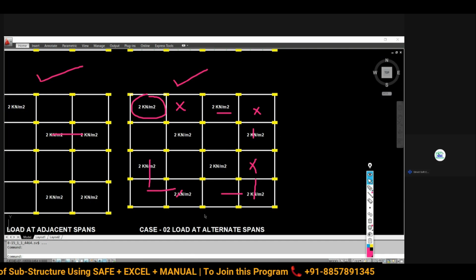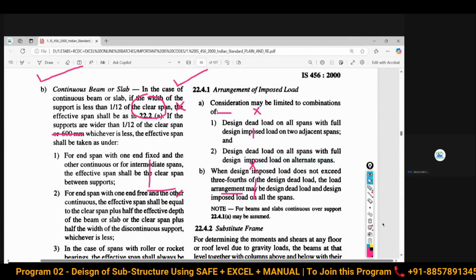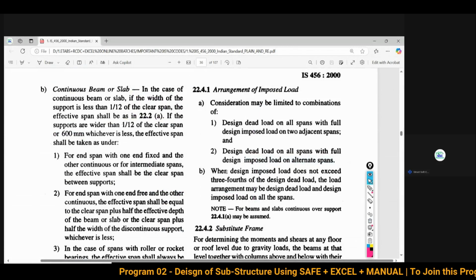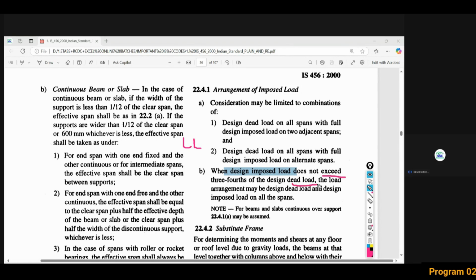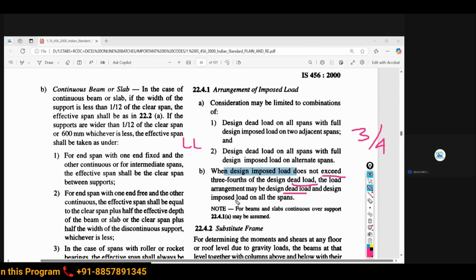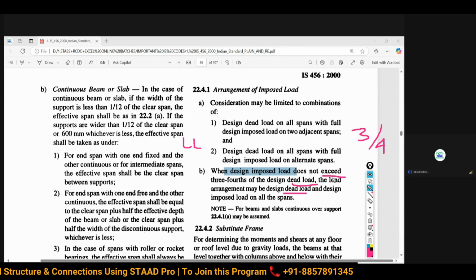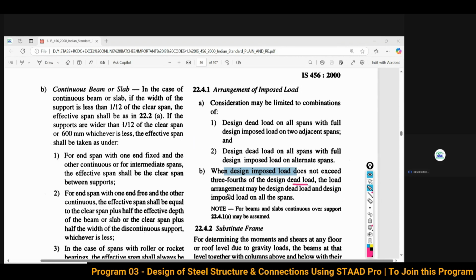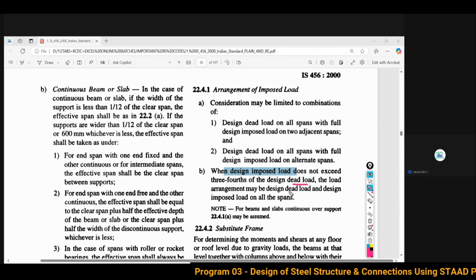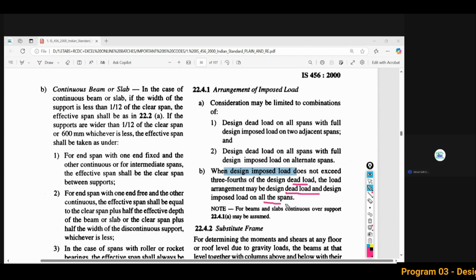Now look at the third recommendation. When the design imposed load, the live load, does not exceed 3/4 of the design dead load, the load arrangement may be design dead load and design imposed load on all spans.